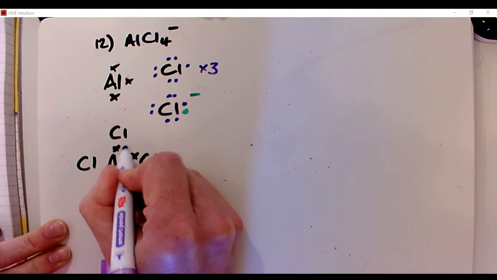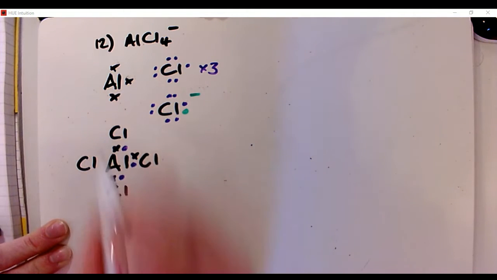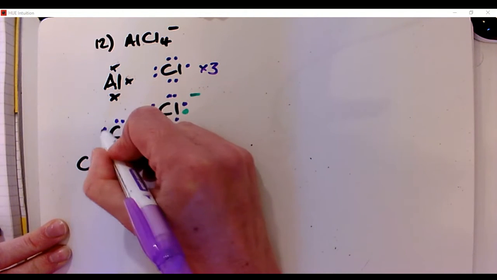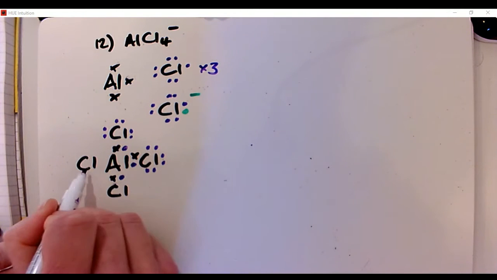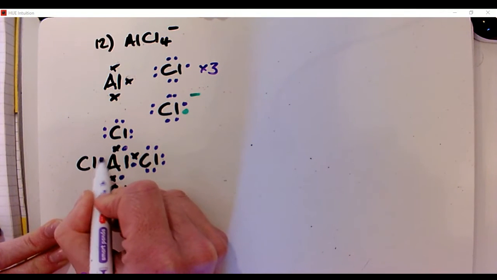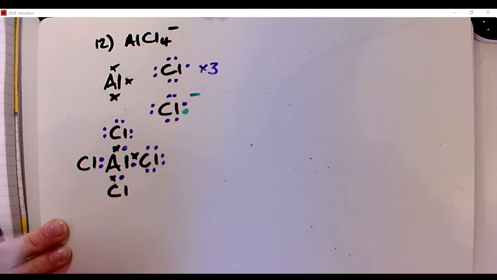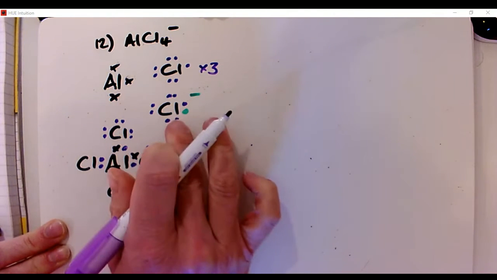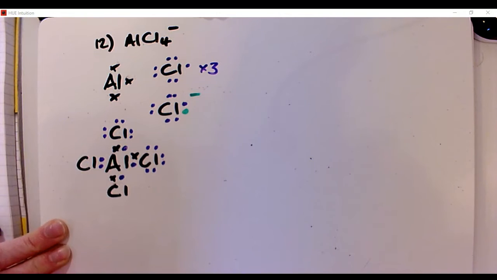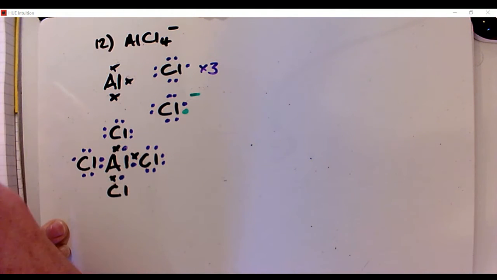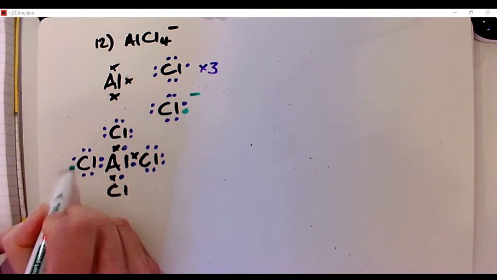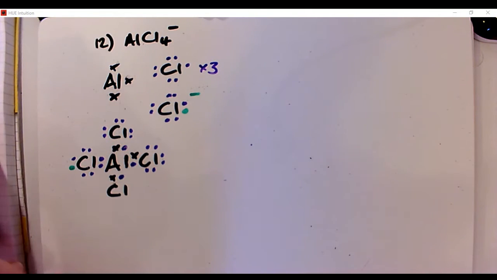Okay, so we've got just regular covalent bonds with your 3 chlorine atoms, and then you're going to have a dative covalent or coordinate bond between the chloride ion and the aluminium. Doesn't matter which. And remember, even though an electron is just an electron, I'm going to show that extra electron because of the overall negative charge.